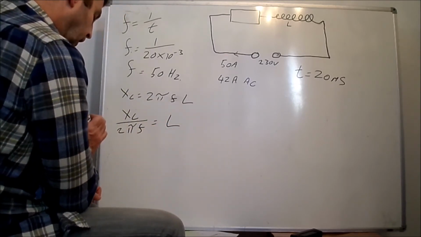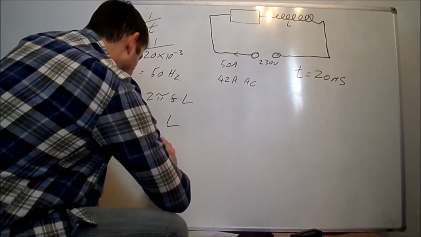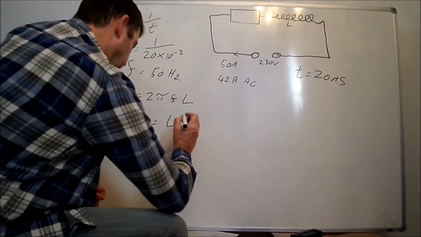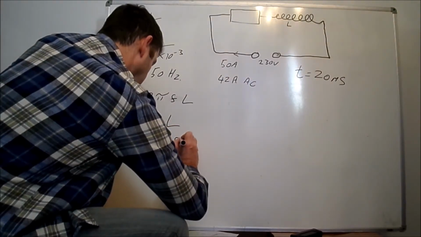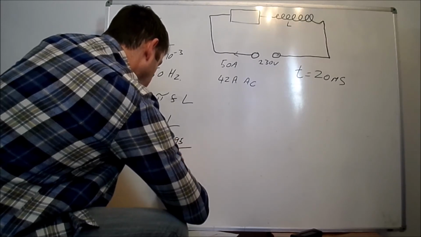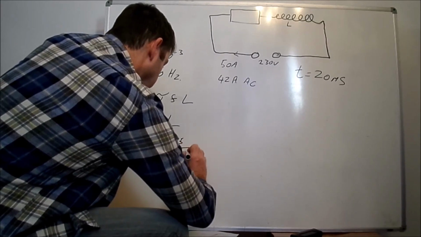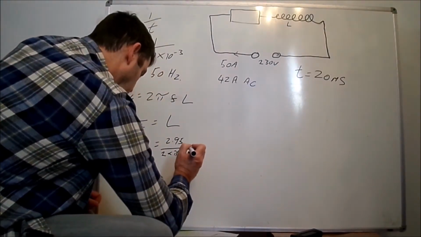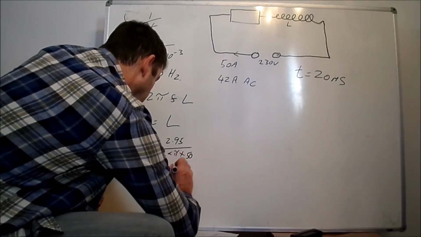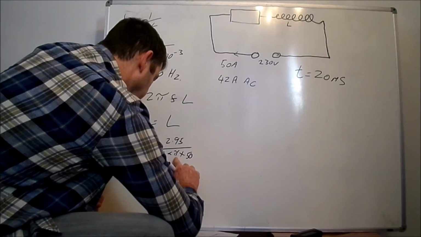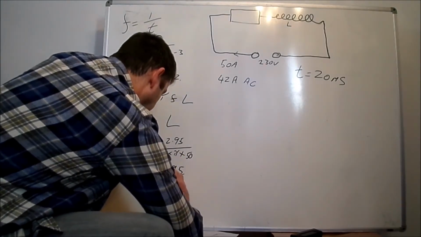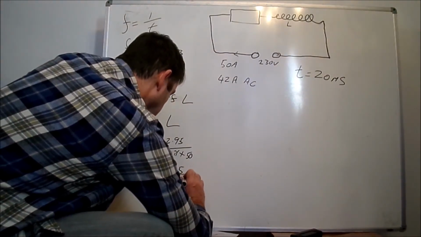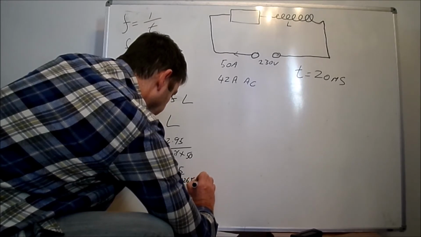So if we now drop in the figures, we can say L is equal to the XL value, which is 2.95, divided by 2 times pi times 50. So L is going to equal 2.95 divided by that lot worked out, which is going to be 314.15926 54.